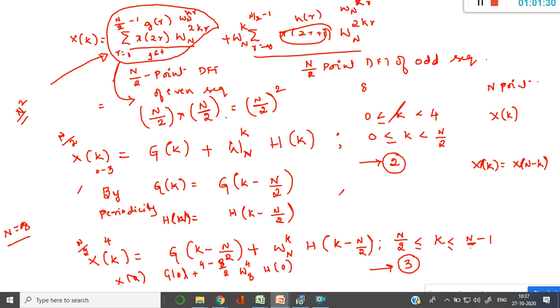Now here we get n by 2 into n by 2, that is (n/2) whole square. Almost 50% is going to be reduced here. I'm talking about the number of complex multiplications.